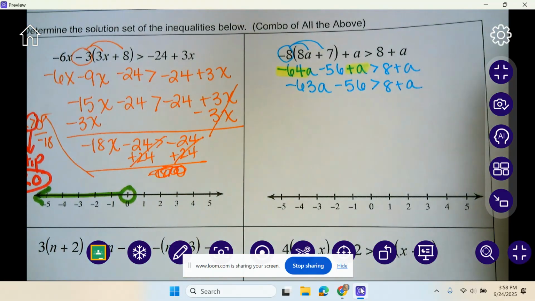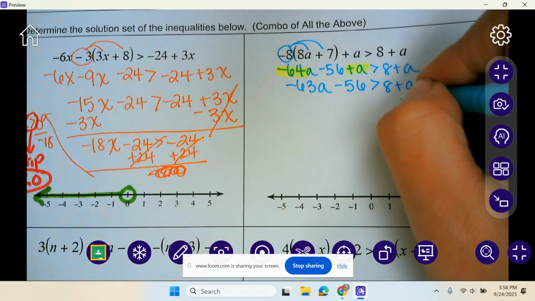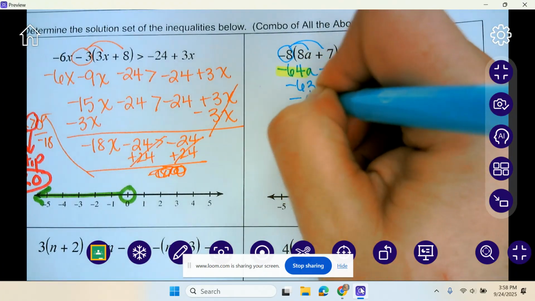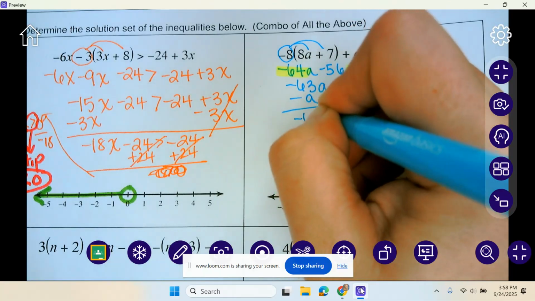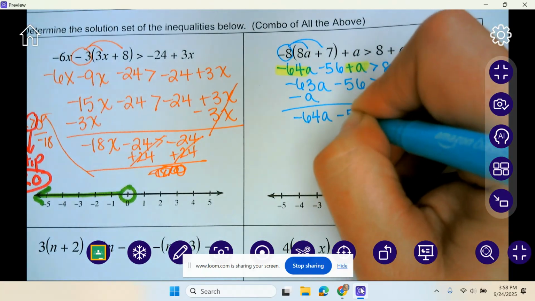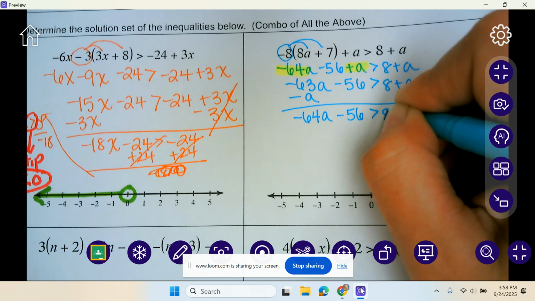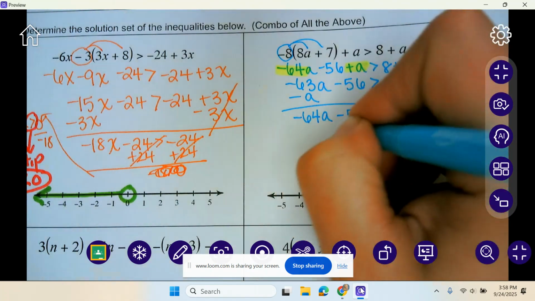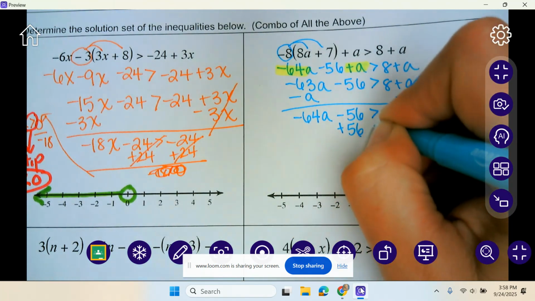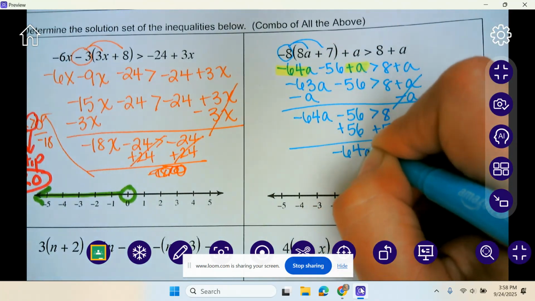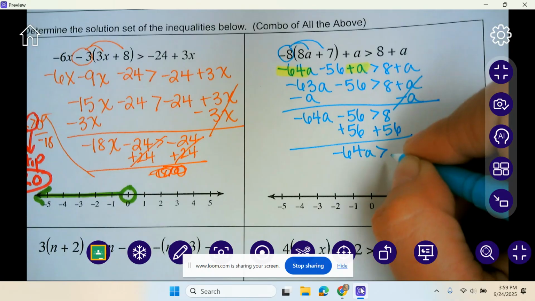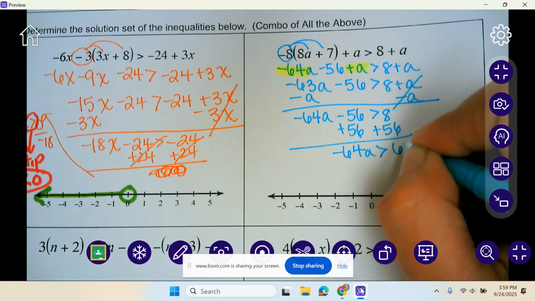All right, next step is to move the variable. So I'm going to subtract 1a from both sides. That cancels on the right. So you get negative 64a minus 56 greater than 8. All right, next up is going to add 56. I get negative 64a is greater than 64.